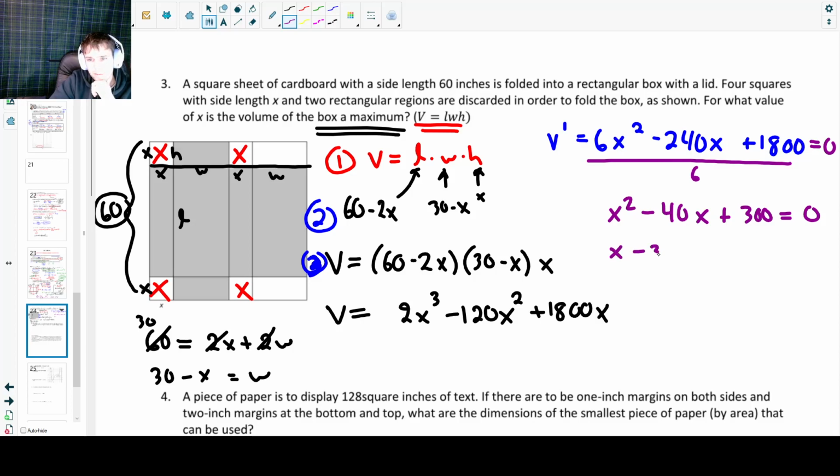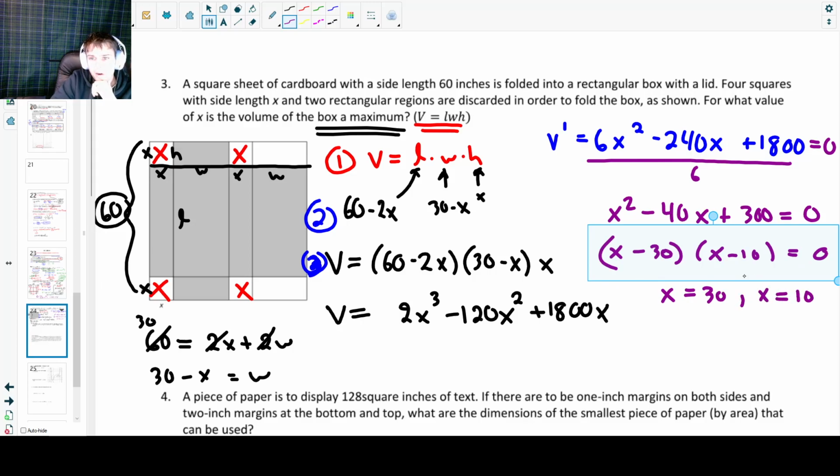So this is x minus 30 times x minus 10. By solving that, we figure out that x being 30 and x being 10 are our critical values.